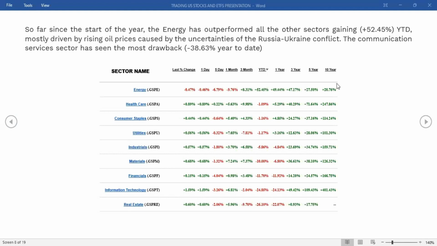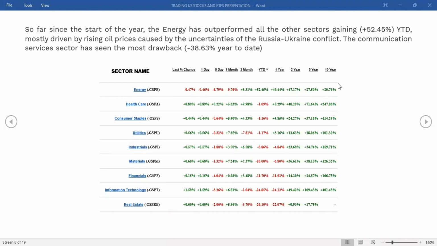Okay, so let's go through the performance of the various sectors. The first sector, the energy sector, year to date has gained 52.45%. Most sectors this year have not performed well. The stock market has had a really tough time this year, and that's why you see only the energy sector has had a positive return this year. The rest of the sectors have had negatives.